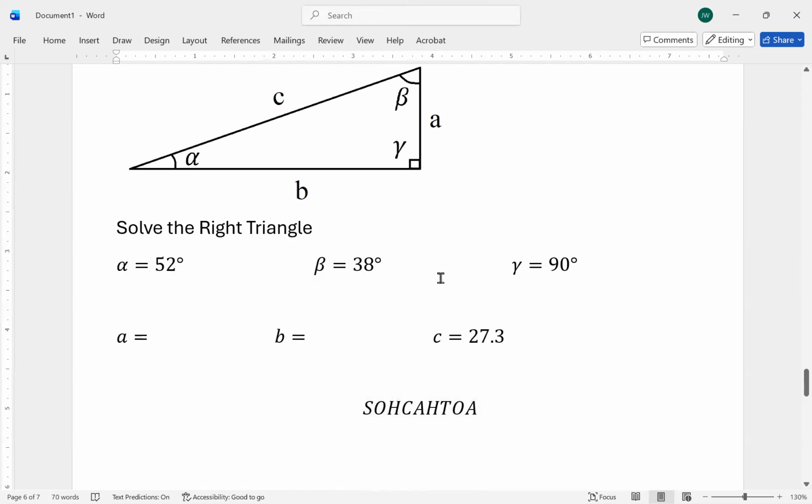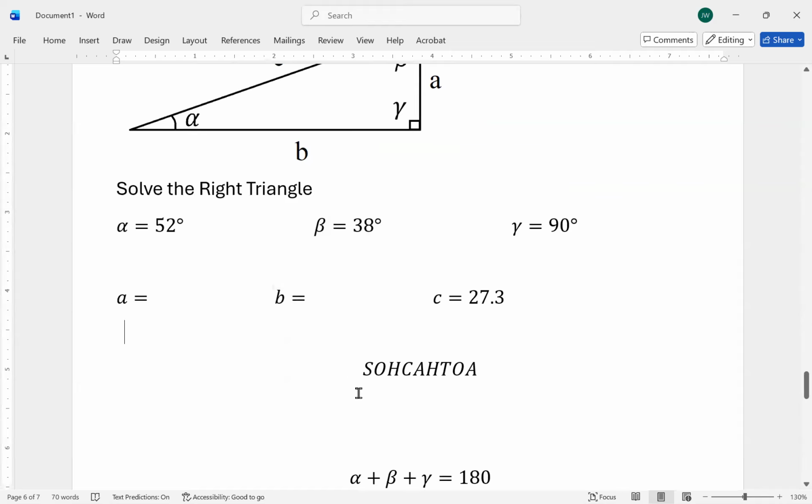I can't use tangent because tangent is going to be opposite over adjacent. Depending on which angle we use, that's either going to be B over A or A over B. Both the A and the B are unknown. So I have to use one of either the sine relationships or the cosine relationships. Let's use the sine of beta relationship since I'm given beta.